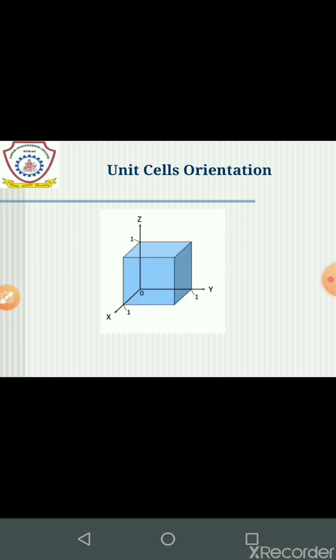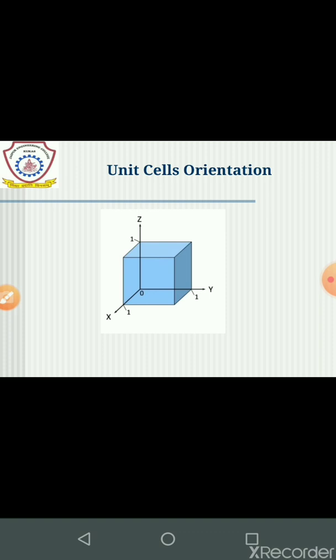Here the orientation of the unit cell is shown. The unit cell is the base of the crystal structure, which is why we are explaining this.